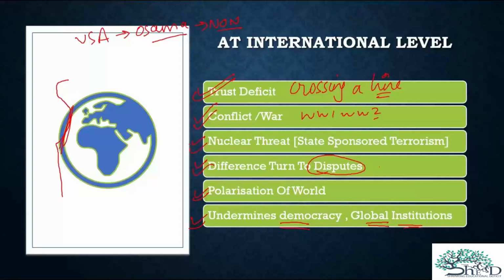Okay, how? Because if things are forced upon you, what will you do? You will not be following democracy, right? That is dictatorship. And there are many global institutions which are undermined, like the UN. Okay, see, there is one thing in international ethics that we will see when we read our topic on it, that ethics are extremely important in international ethics because there is no one umbrella agency that will be able to enforce the following of the rules and punish people who are not following the rules.